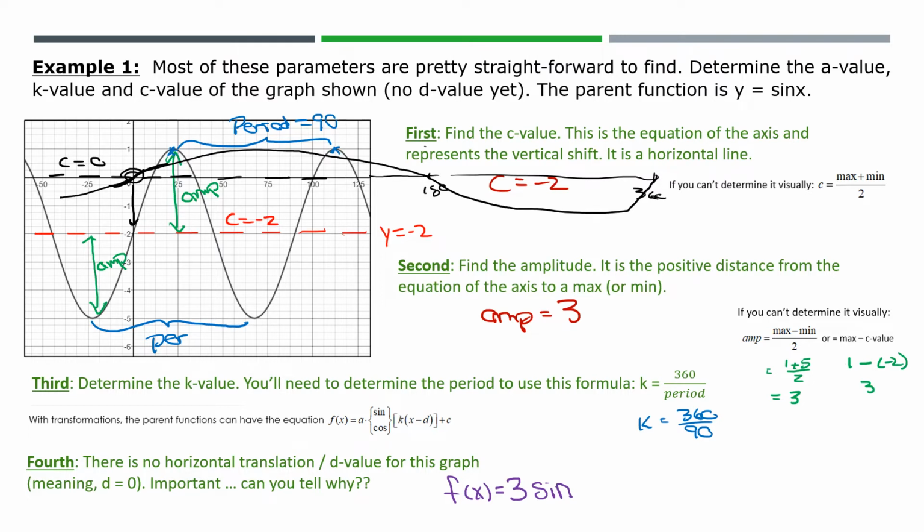My k value is 4, and then x minus d is 0 for d, plus, and my c value is -2. Or you could write it as just 3 sine, since there's nothing in the brackets, 4x minus 2, like that. So there's the equation of that wave.